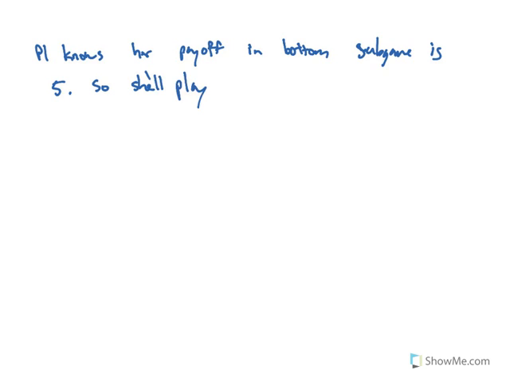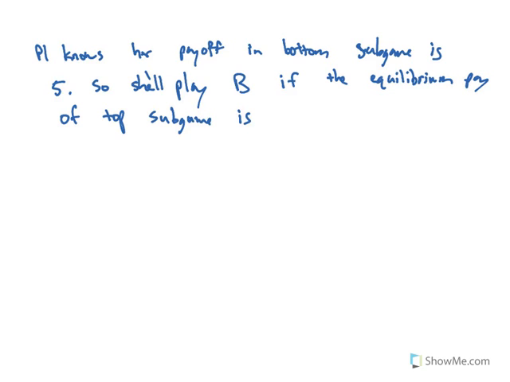Player 1 knows her payoff in the bottom subgame is 5, so she'll play B if the equilibrium payoff of the top subgame is less than 5.